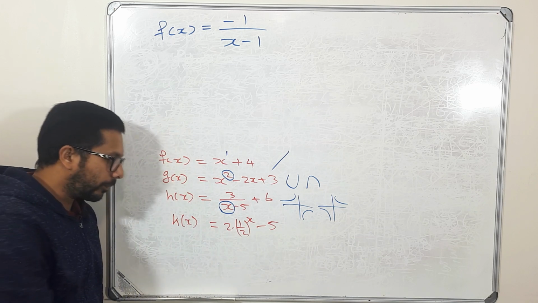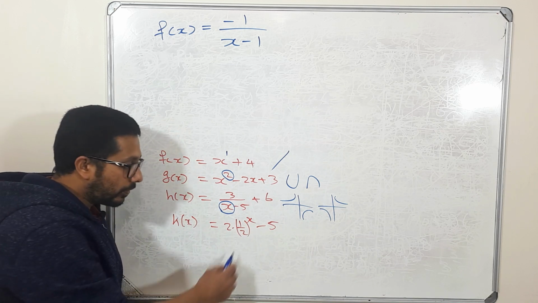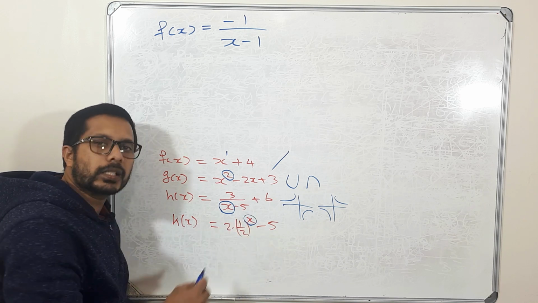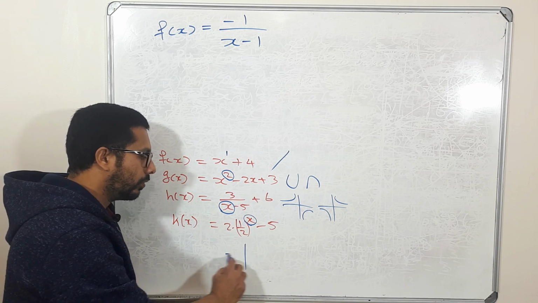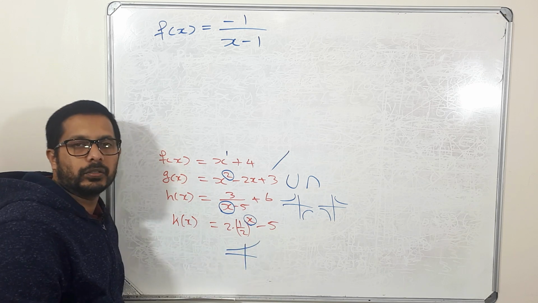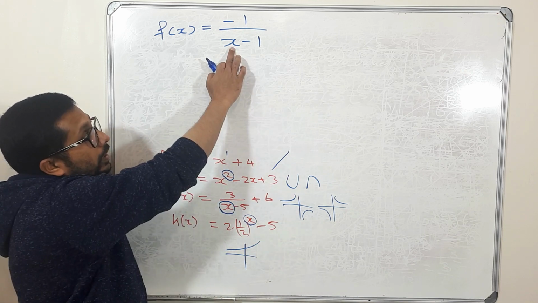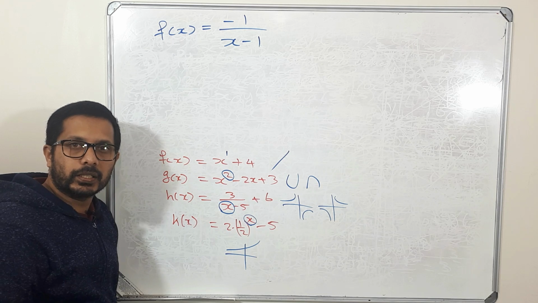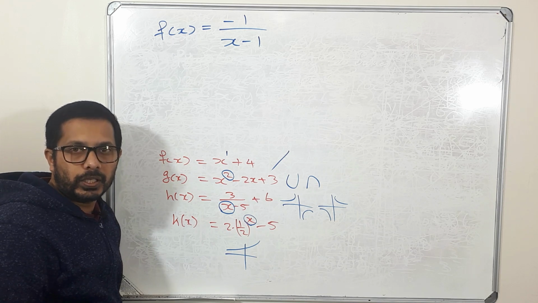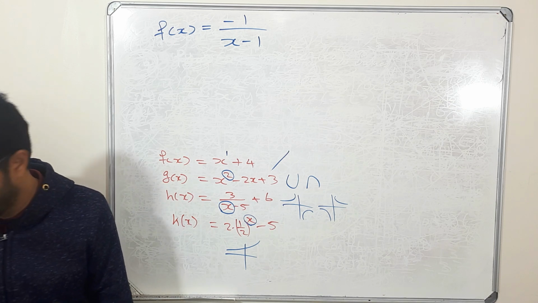Then what type of function is the last one? Where is the variable here? As an exponent. That is why this type of function is called an exponential function. Here we can see that the variable is in the denominator, so it's a hyperbolic function. Now come back to our question.